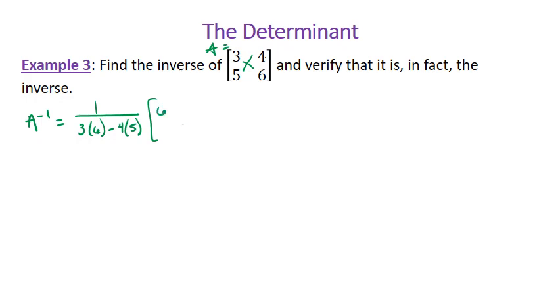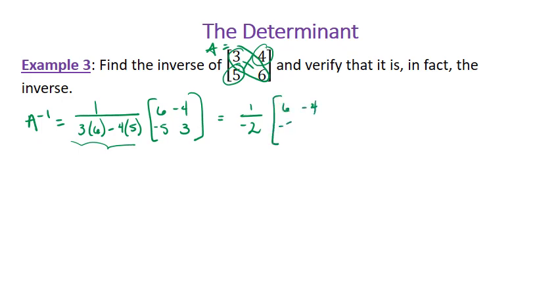So we change the order of these, and then we negate the other diagonal. So here, this ends up becoming negative 1/2 times this new and improved matrix, giving us the following. Oops, this should be a negative 3.